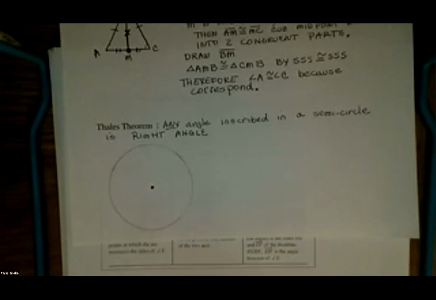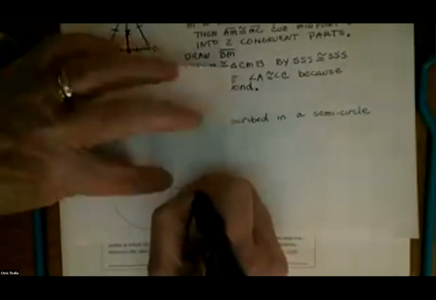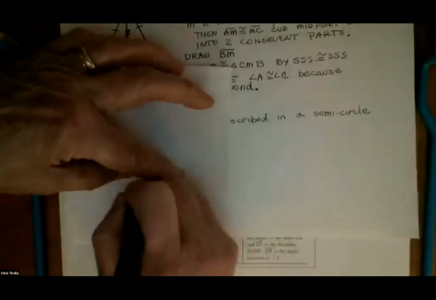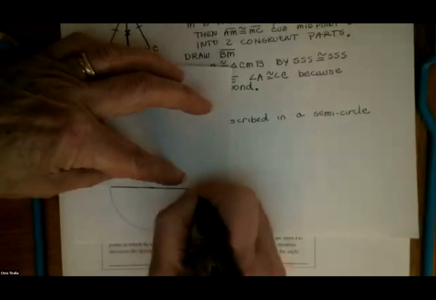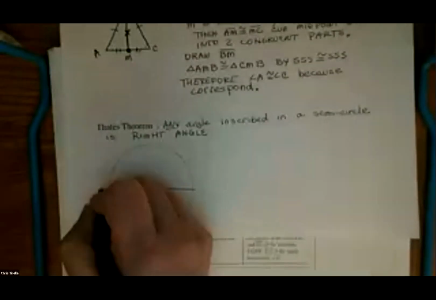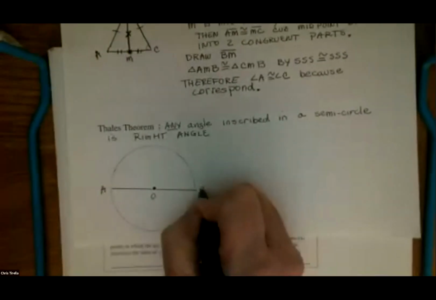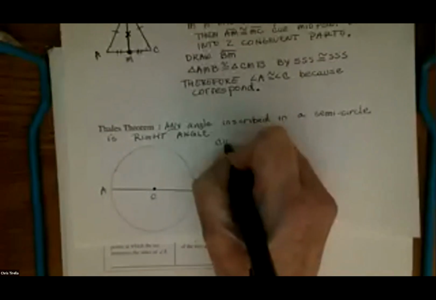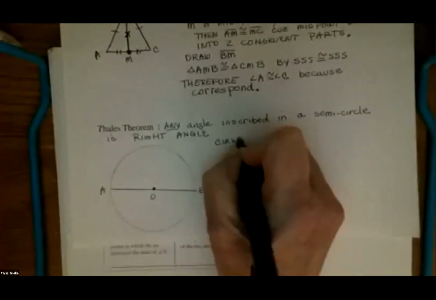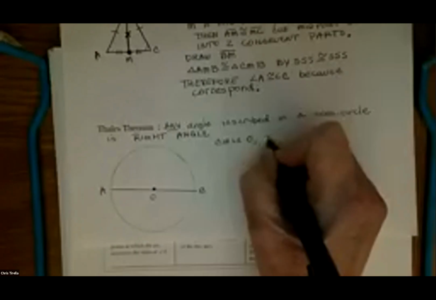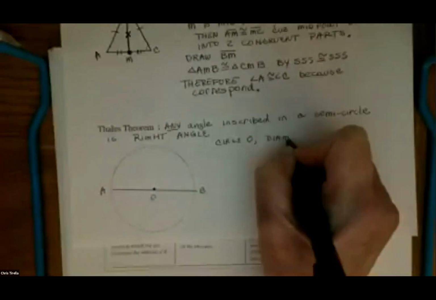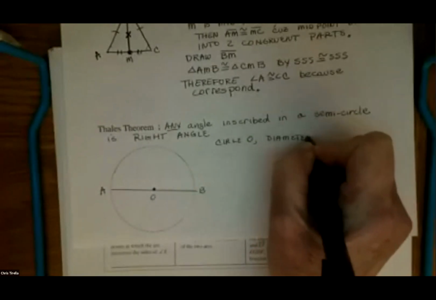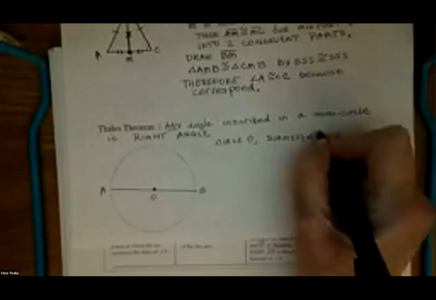I just want half of it. So I'm going to draw a diameter. So I've got circle O, diameter AOB.